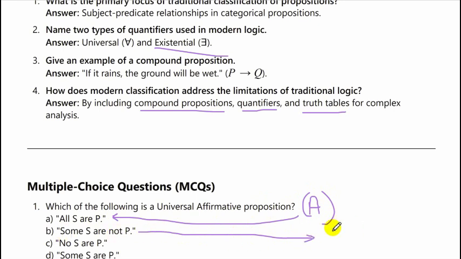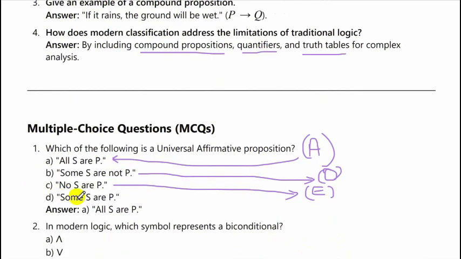This is represented by O proposition. No S are P is represented by which proposition? It is represented by E proposition. Some S are P is represented by I proposition.